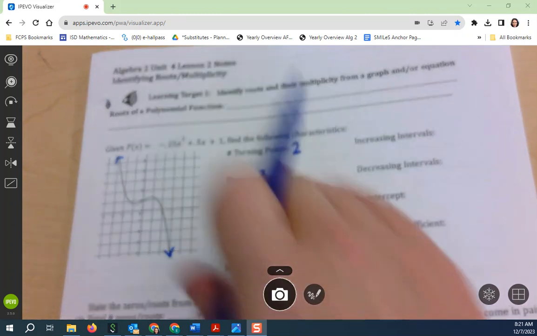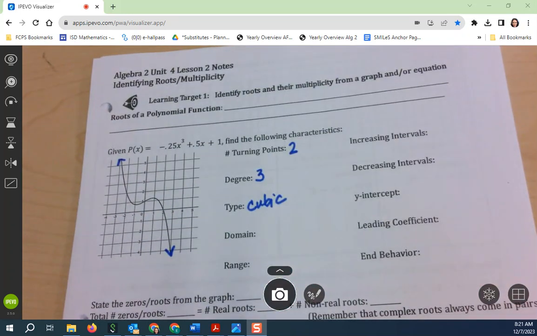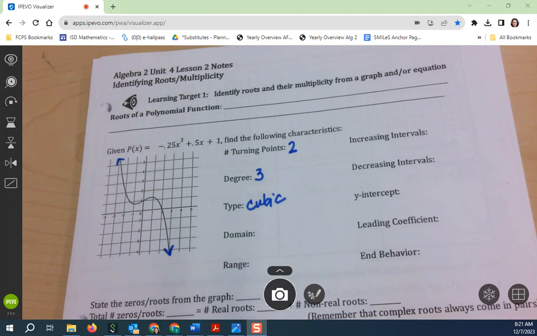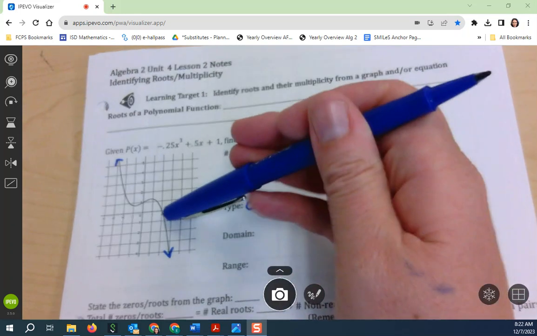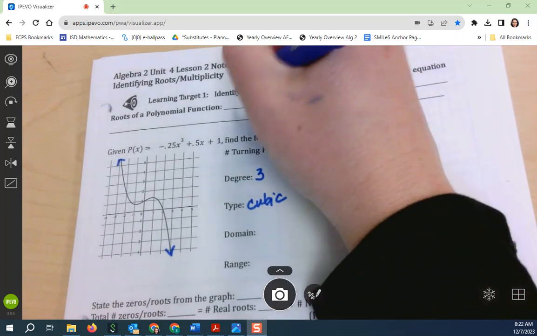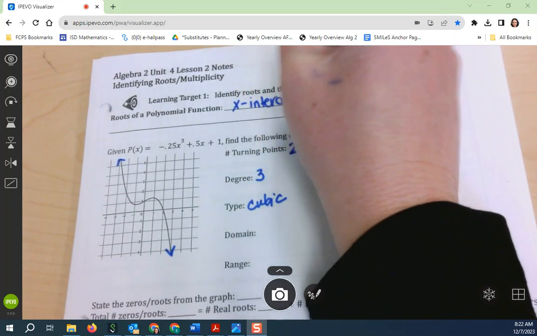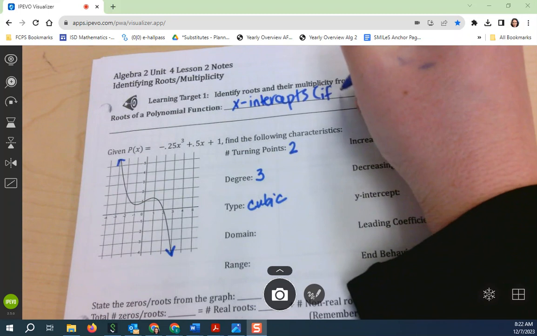Before we move on here, actually, let's go back to the names of the roots. So what's another name for the roots of a polynomial function? So they could be x-intercepts if they're real, right? So they would be x-intercepts if they're real.